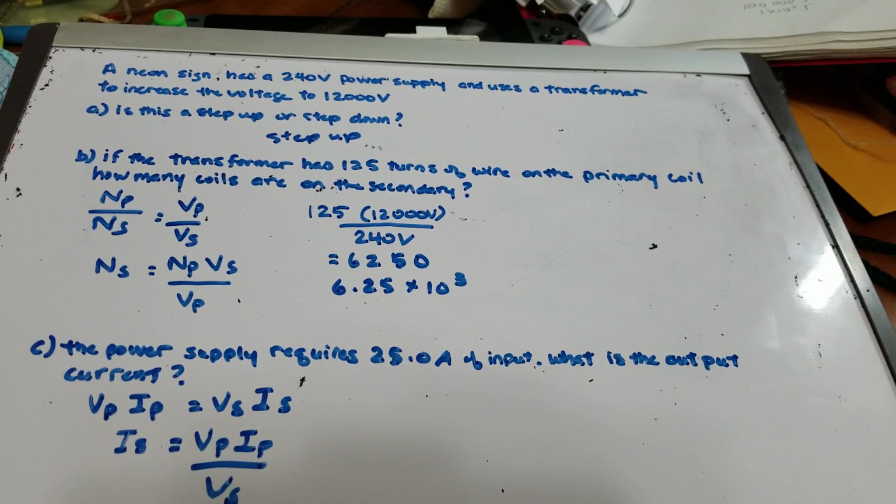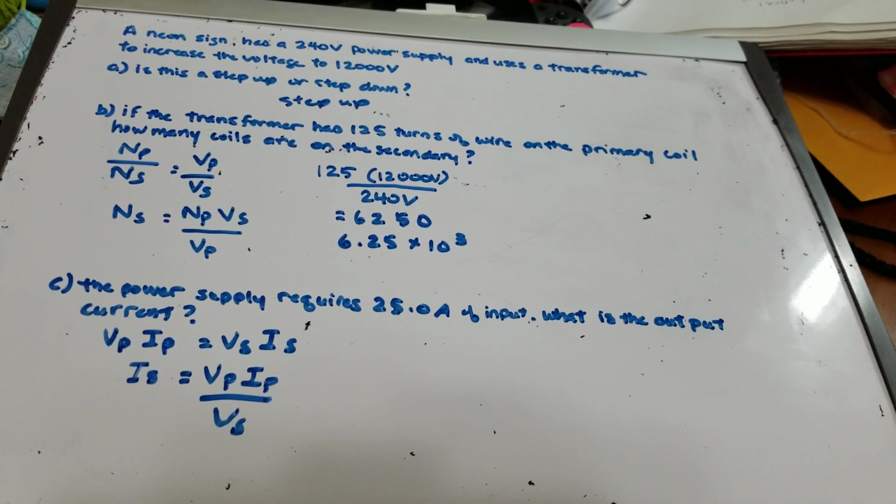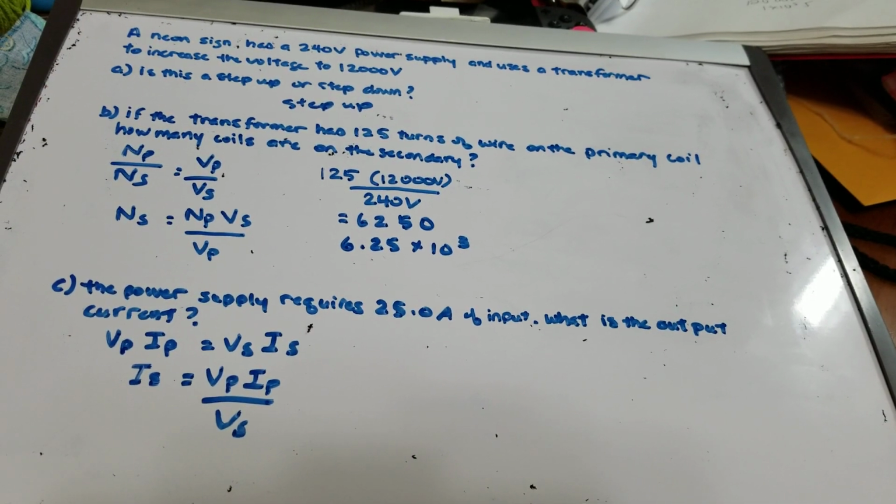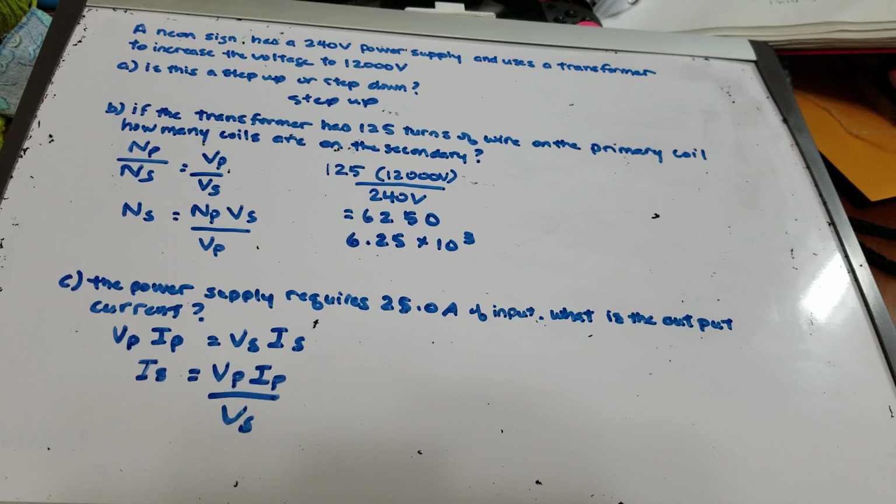So looking at this formula, current secondary is equal to voltage primary times current primary divided by voltage secondary. You have all this information from the previous parts of the question. So you're looking for IS. You have your VP, voltage primary. If you remember from the beginning of the question, it is 240 volts.